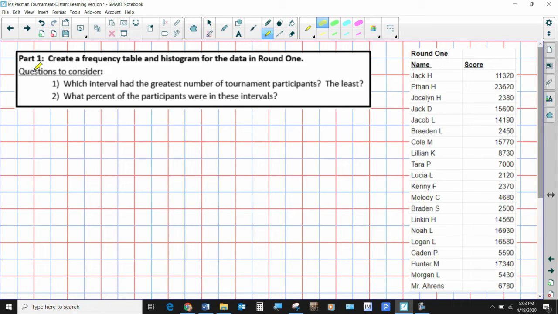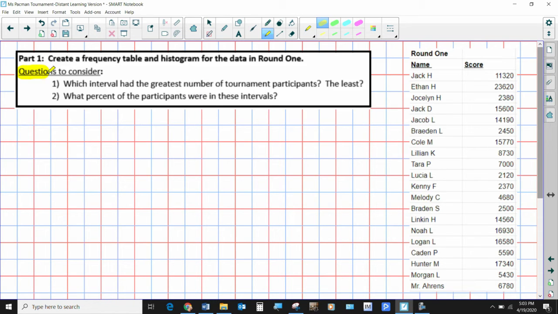Okay, so something I want you to focus on, but this is not a project where you're actually writing out essays and turning this in. In the past, we had group work for this, and students typed up their responses and cut them out and put it on a really cool Ms. Pacman display. I'm sure you probably remember, many of you probably came into my classroom and saw those.